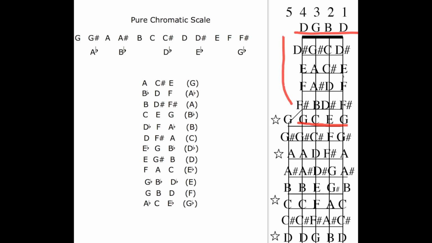So on the first string, there's an E that could be used. On the second string, there's a C that we could use here. On the third string open, the banjo is holding the pitch of G. On the fourth string, there's another E over here.